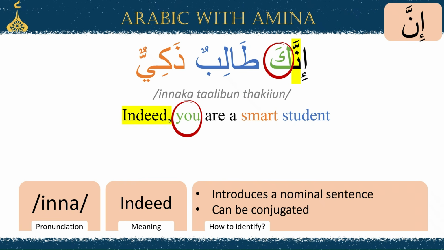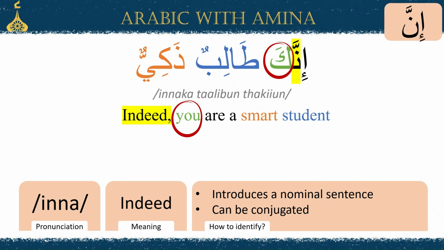But it could also just be translated to you are a smart student, because we don't always say that in English when you're talking to someone and they're feeling low and I feel like I'm so stupid or whatever. And like, no, you're not stupid. You're really smart. We're not saying indeed you are smart, but we are still emphasizing the point.